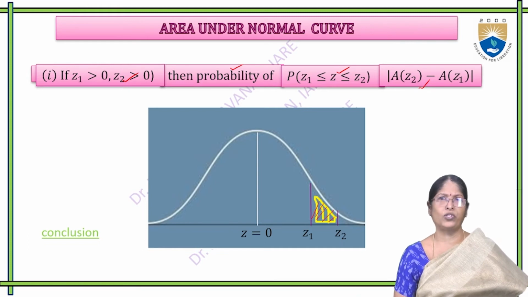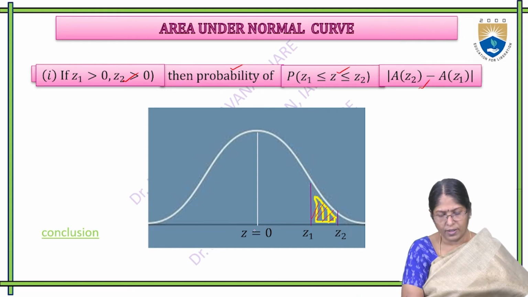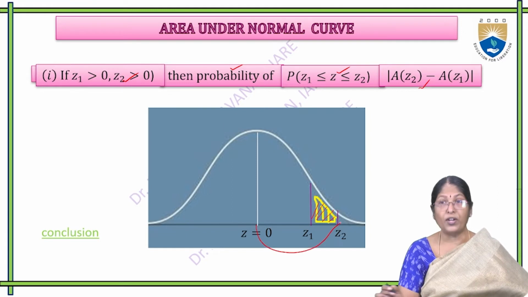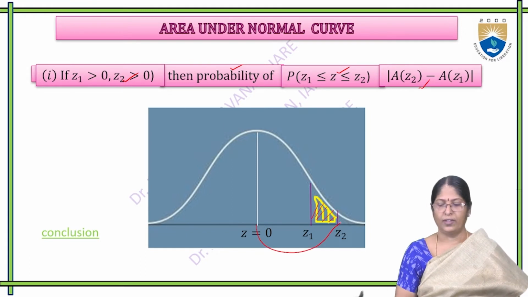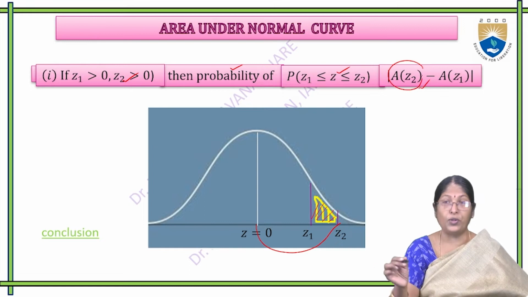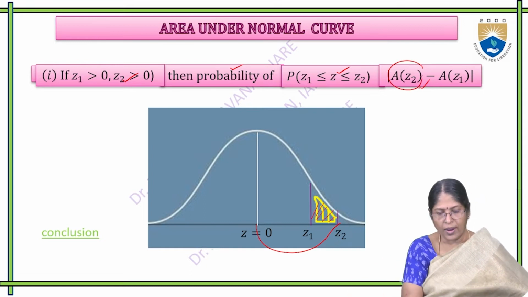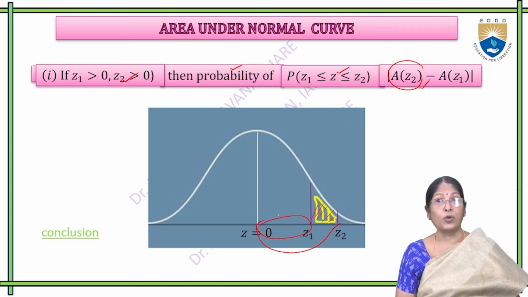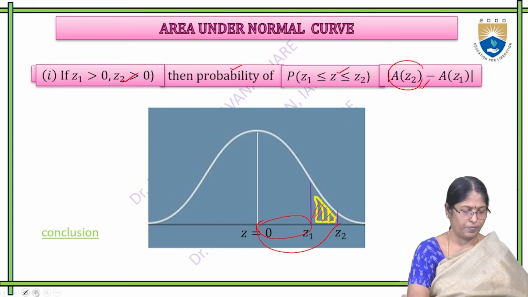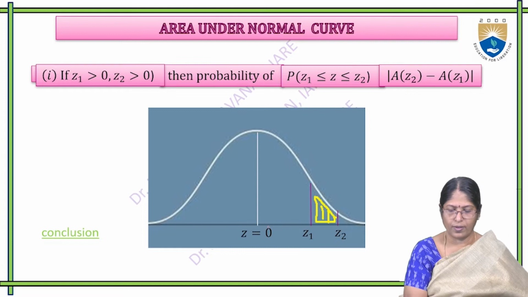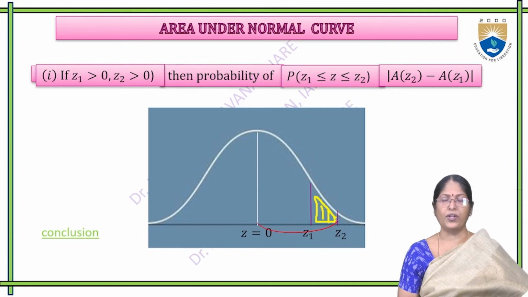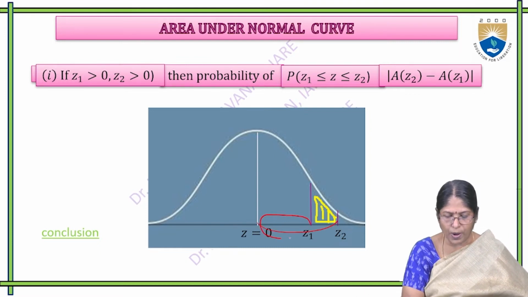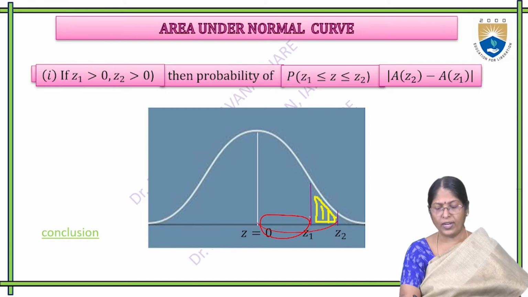A simple logic: first we find the area from 0 to z2, that is the area of z2. And this part we completely remove. So the leftover we will naturally get.